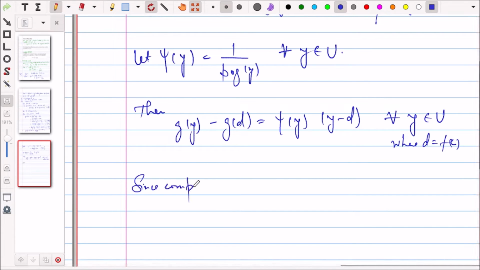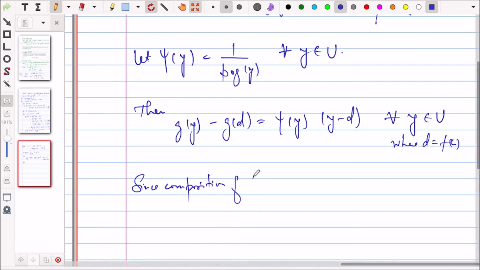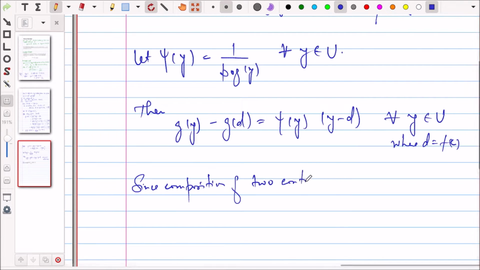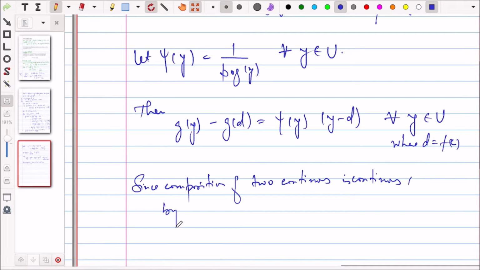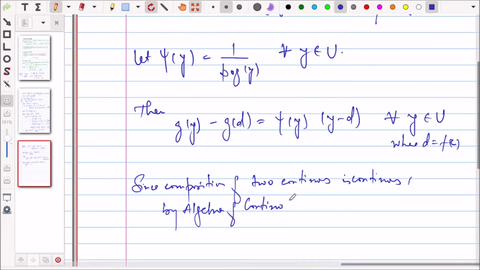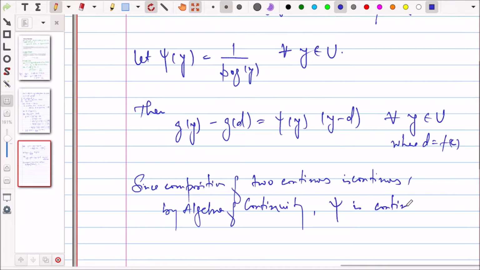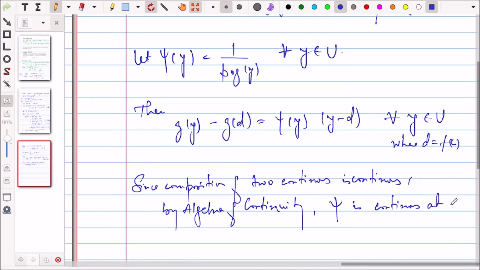Psi is continuous by algebra of continuity, since composition of two continuous functions is continuous, right? So by algebra of continuity, psi is continuous at, where will it be continuous?